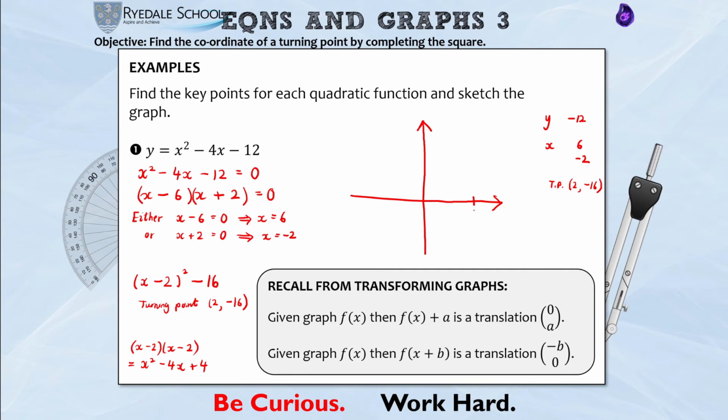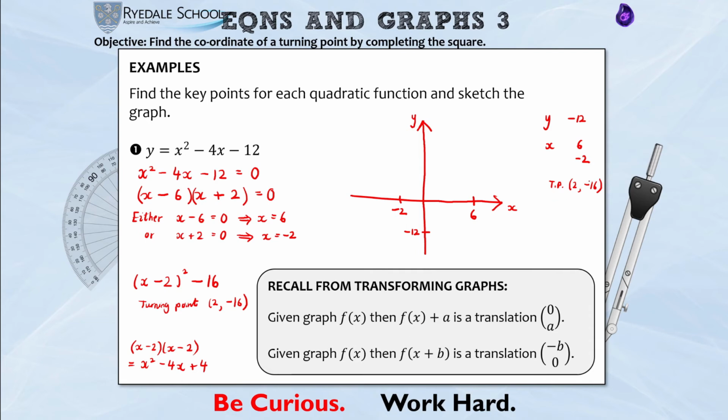So if I put 6 there, proportionately, maybe -2 is about there. So try and keep the scale along your x-axis consistent, and similarly along your y-axis. I need to use -12, so I'm going to drop -12 about there. Obviously the scale for my x-axis and my y-axis are different.